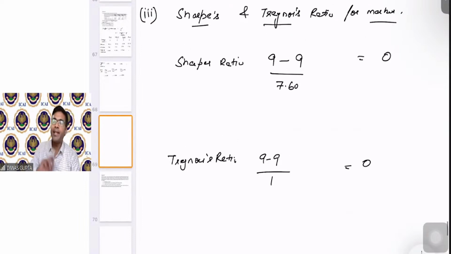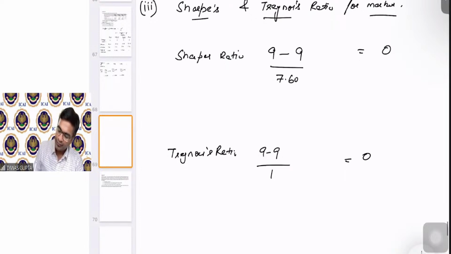Now, the comparison between these two performances is that, see, whatever we have calculated till now, everything is negative, correct, students?